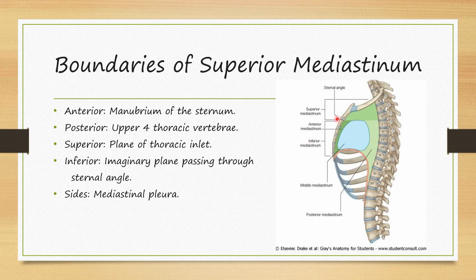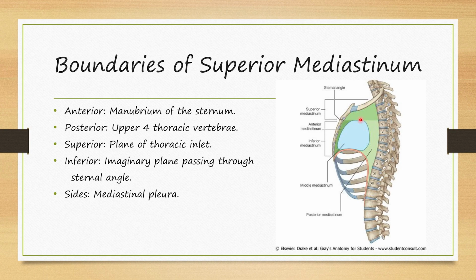So, here is the figure again. Anteriorly, we have the manubrium of the sternum. Here is the imaginary plane. Here is the manubrium of the sternum. Posteriorly, we have the four thoracic vertebrae: 1, 2, 3, and 4.